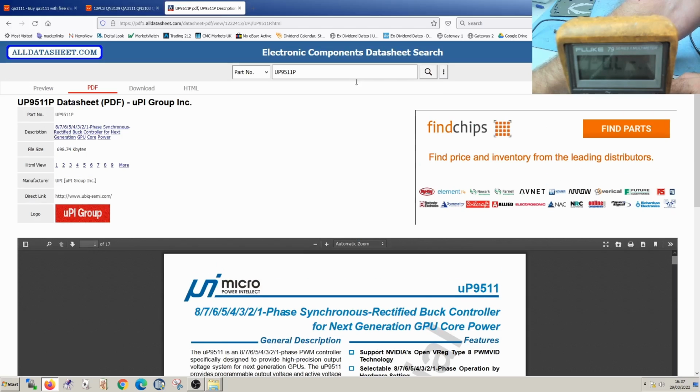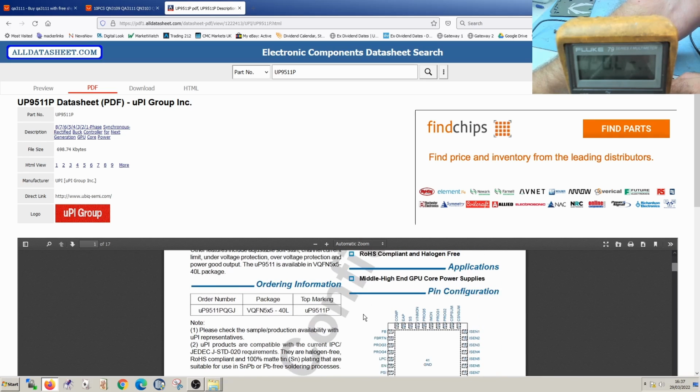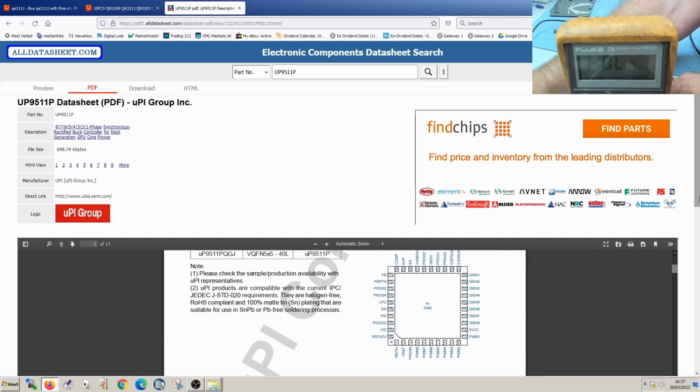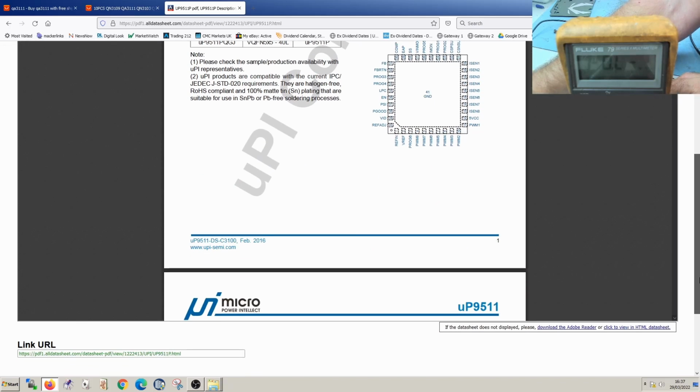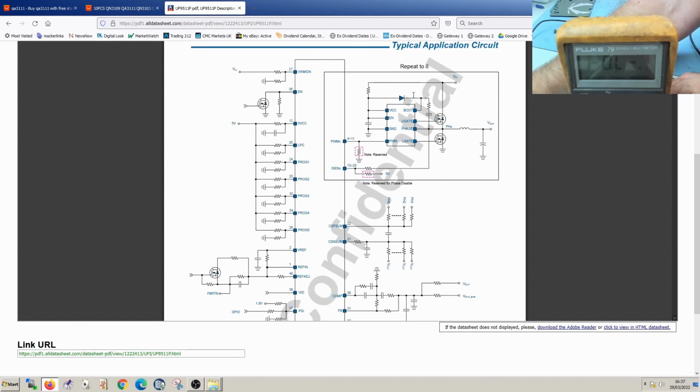This is the datasheet for the UP9511, and you can see it's a 1 to 8 phase synchronous rectified buck controller. We have a pinout here, and if I scroll this down a little bit, we can see a typical application.